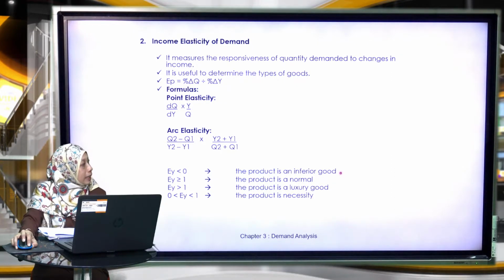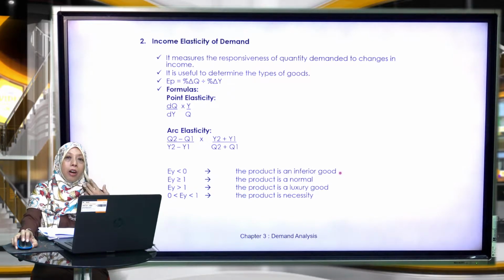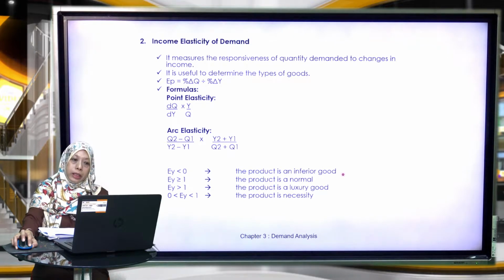What is an inferior good? Inferior goods are goods of low quality. You use inferior goods when you don't have much income. When your income is low, you consume more of them, but as your income increases, you don't want to use low quality products.